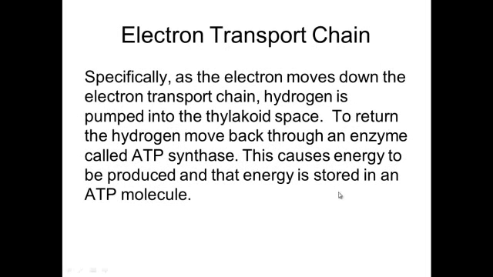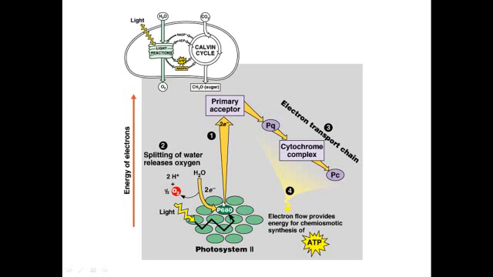So let's look specifically at this electron transport chain. As the electrons move from one molecule to the next, hydrogen, that hydrogen right there, is going to be pumped across the thylakoid membrane to the interior of the thylakoid. When it's pumped across against the concentration gradient, the electron will be moved down from enzyme to enzyme. At the very end, and it's not pictured here, is a specific enzyme called ATP synthase.